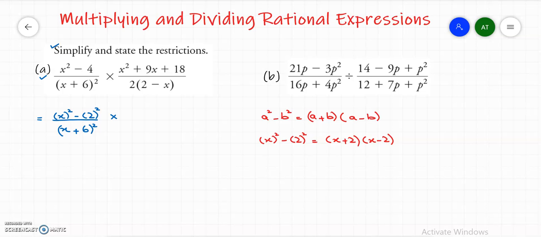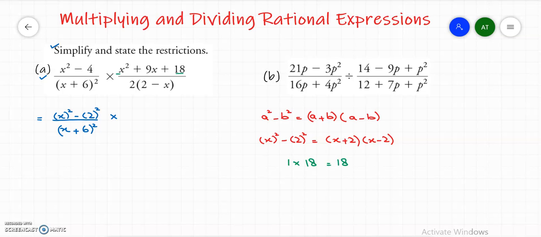multiplication, and we can see the numerator of the second rational expression is a quadratic expression. So we can solve the quadratic by the method of factorization. We can see that the x square coefficient is 1 and the constant term is 18. So 1 times 18 equals 18.